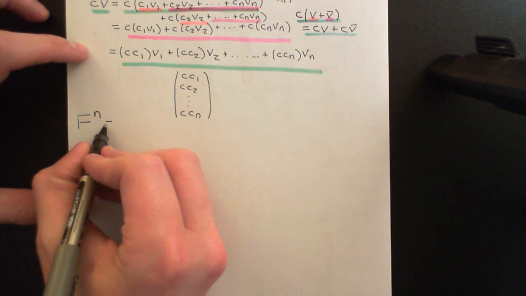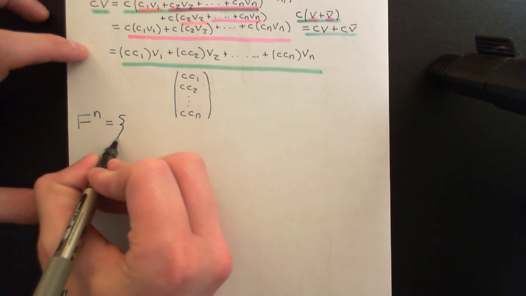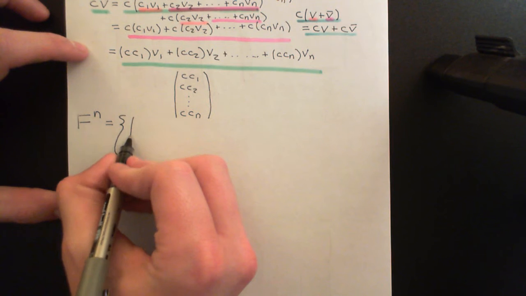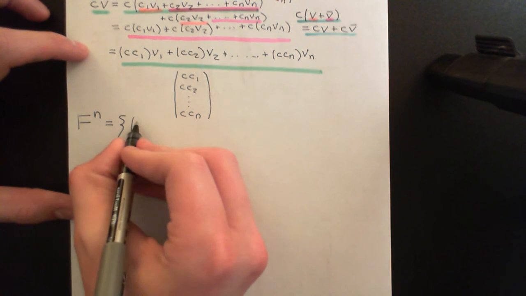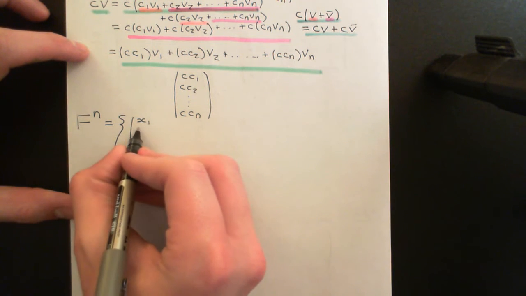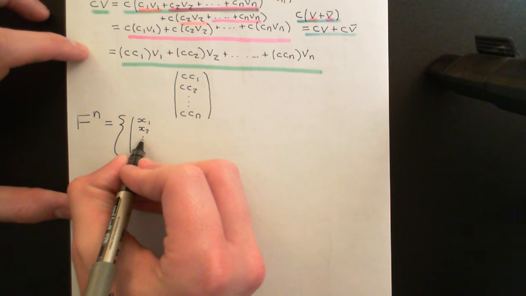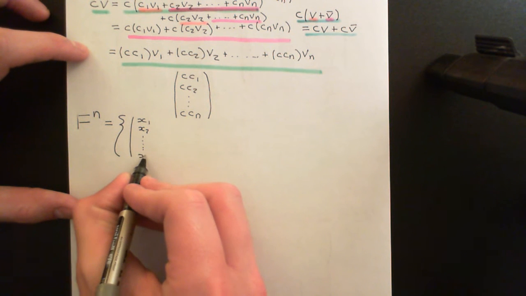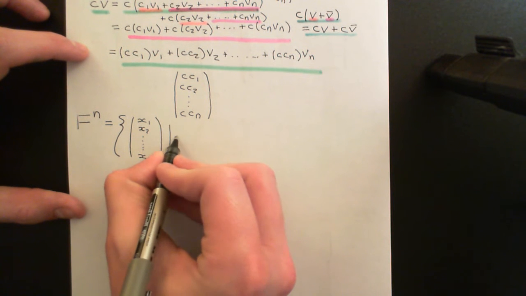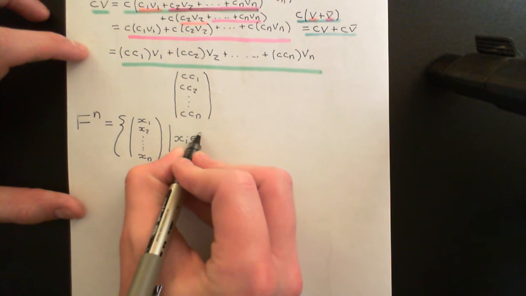Now these are the vector spaces where you take all n-tuples of elements of the field, and you can either arrange them in a column or you can arrange them in a row. Since we've got these as columns, we might as well have them in columns. It really doesn't matter at this stage. So x1, x2, all the way down to xn, like so, where the xi's are elements of your field, capital F.